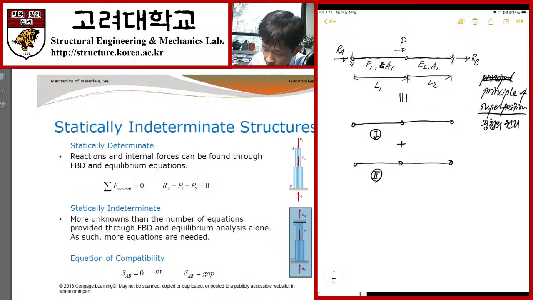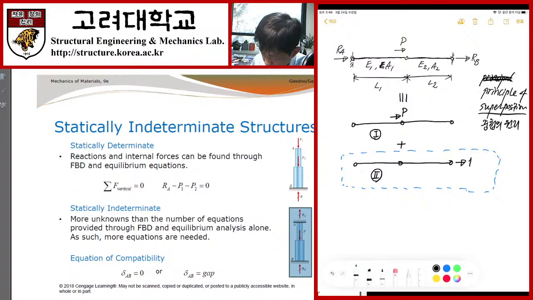Here we'd like to apply only P, and here I want to apply 1, and then I'd like to multiply the overall response by RB.